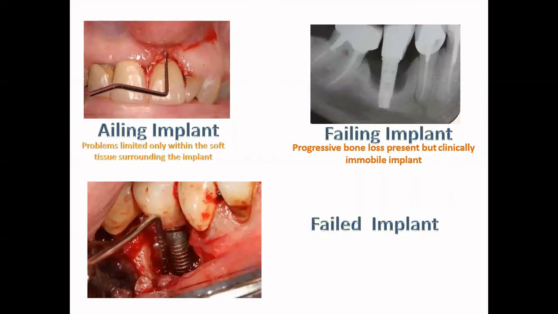This is considered as peri-implantitis and failed implants. Next class we'll be dealing with peri-implantitis: what are the factors responsible for an implant to fail and for the success of the implant.